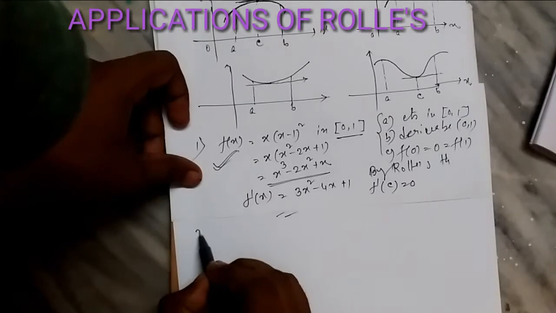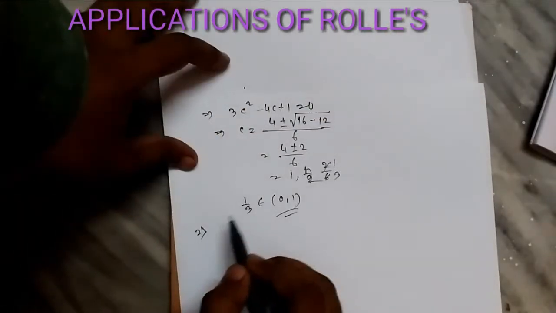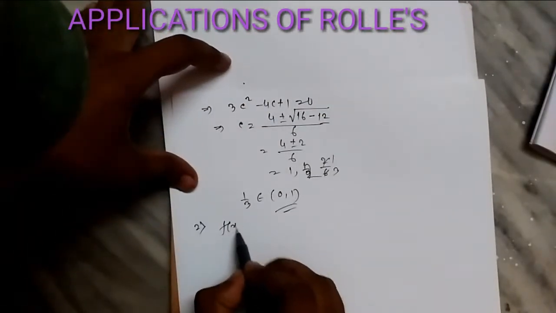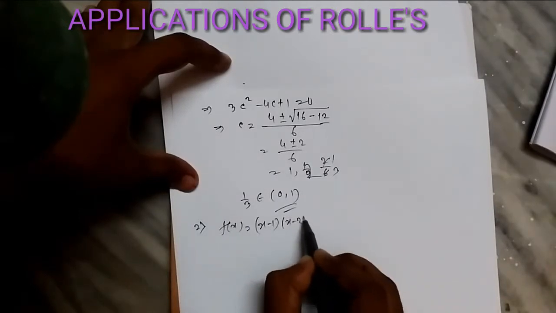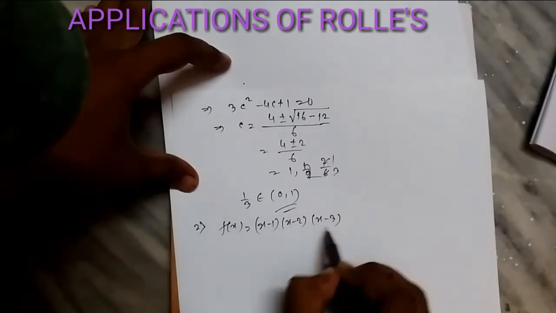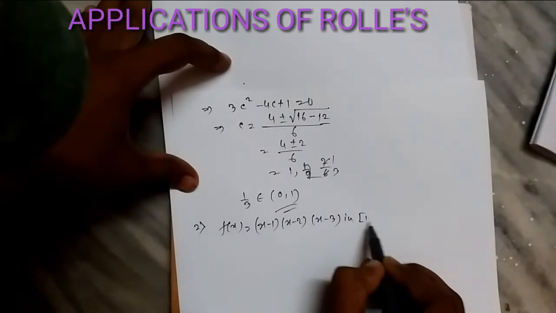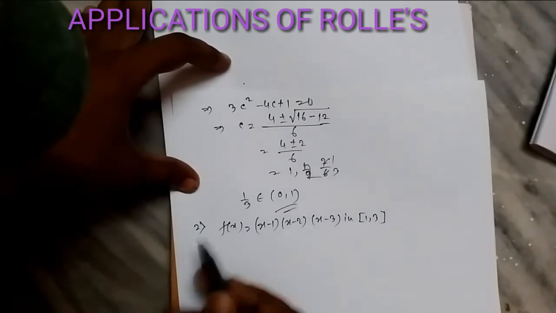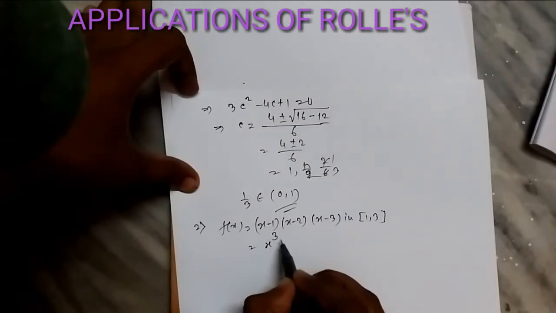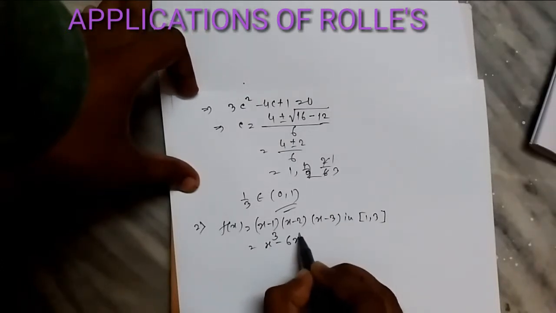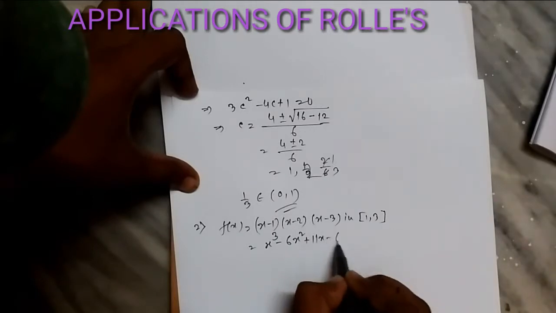Again, let us consider another example. Suppose f of x equals x minus 1 into x minus 2 into x minus 3 in the closed interval 1 to 3. If we simplify, this becomes x cube minus 6x square plus 11x minus 6.